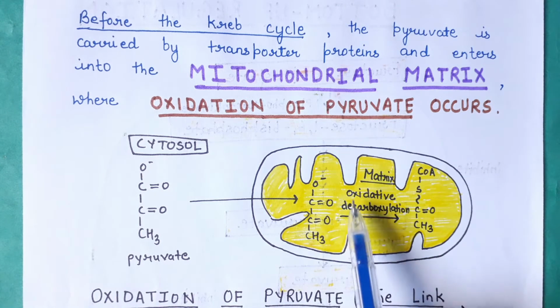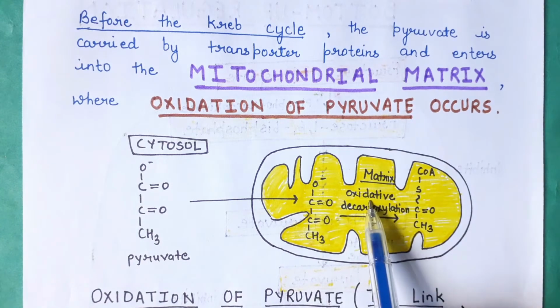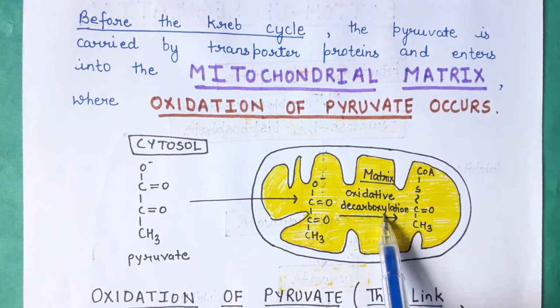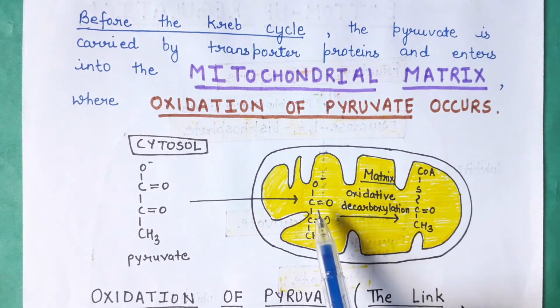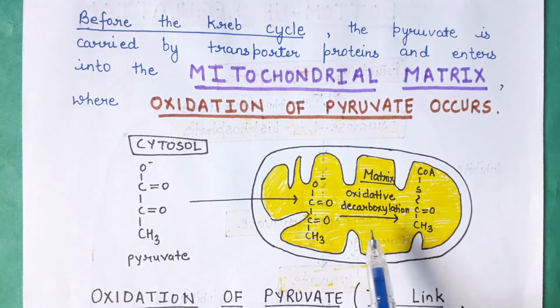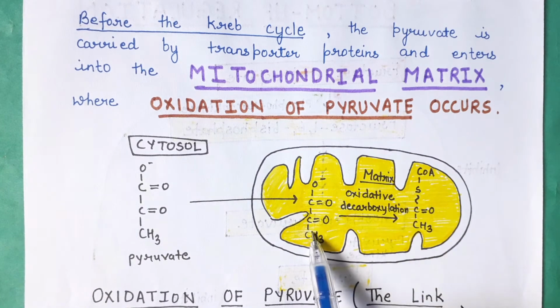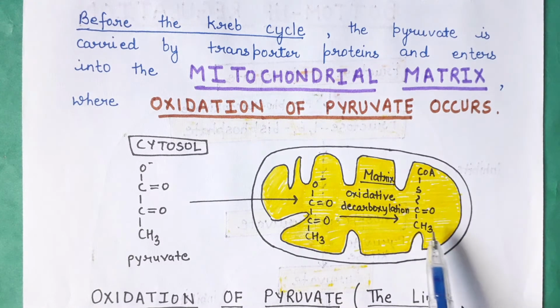In this case, this is your pyruvate. It undergoes oxidative decarboxylation. It means that there is removal of CO2 from the pyruvate in the presence of oxygen, and this pyruvate gets converted into acetyl CoA.